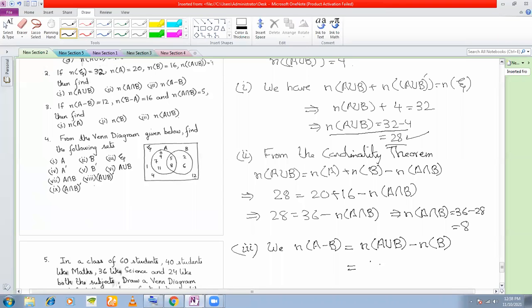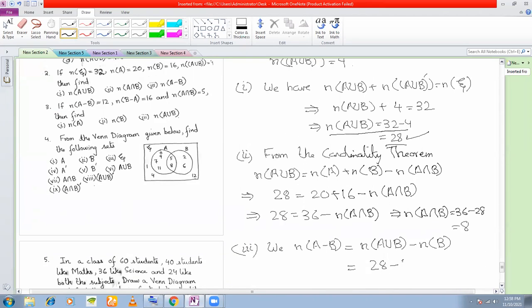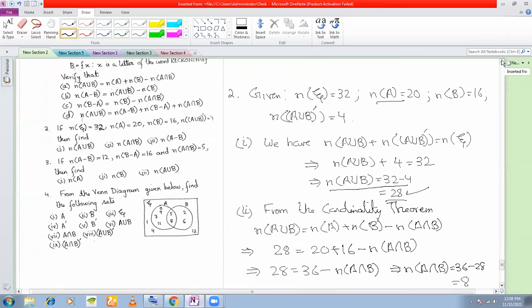It is 28. And what is the cardinality of B? It was 16. 28 minus 16 is 12. So that completes the third question also. Let us move on to the next problem then. This answers all the questions from 2.